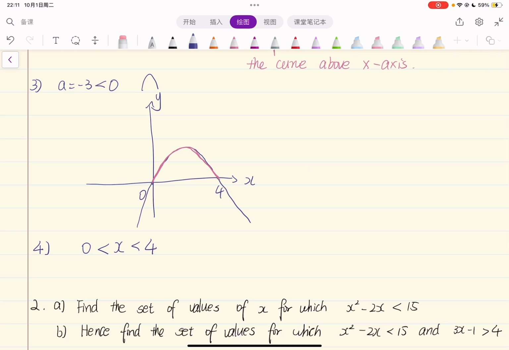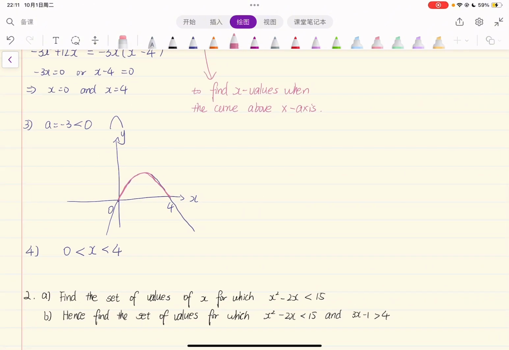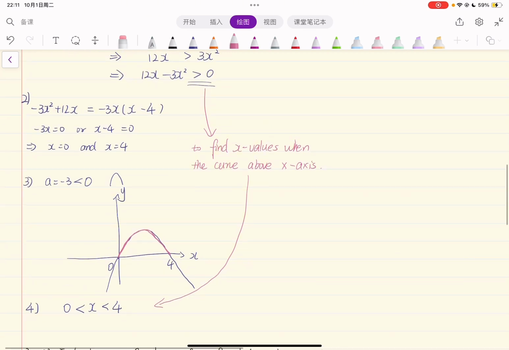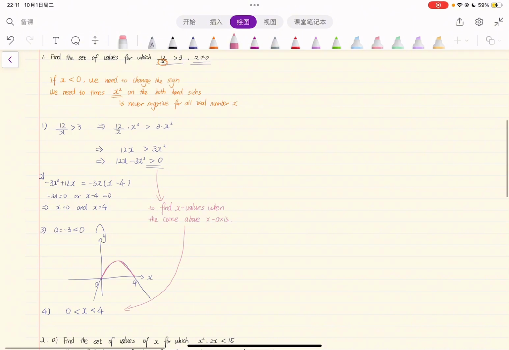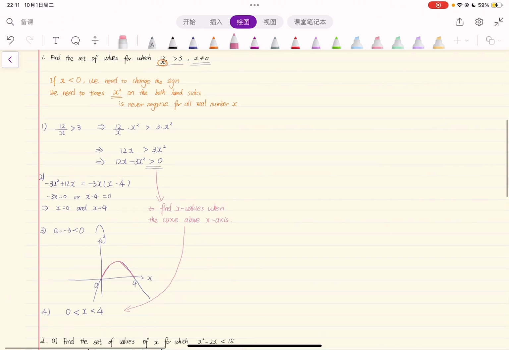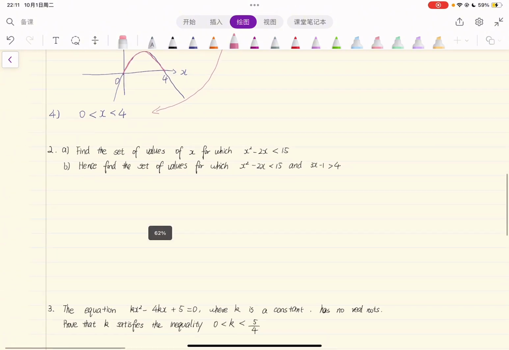So that is the solution. Let's see the whole process of this question. Now let's move on to the second question.